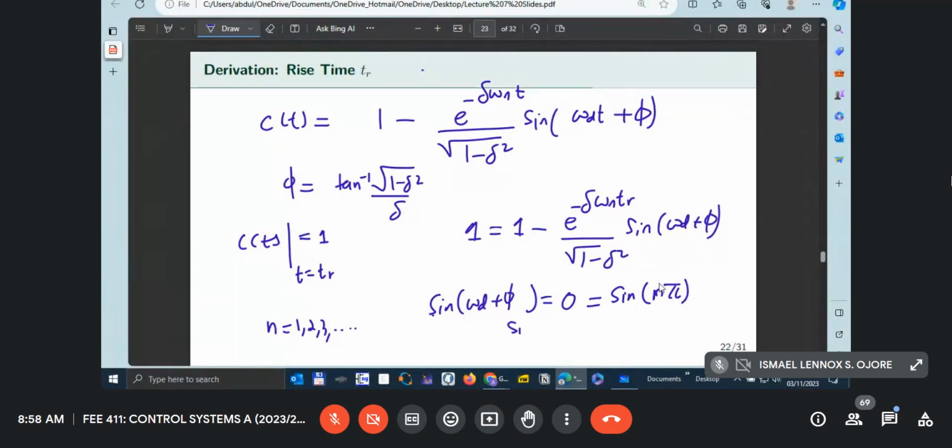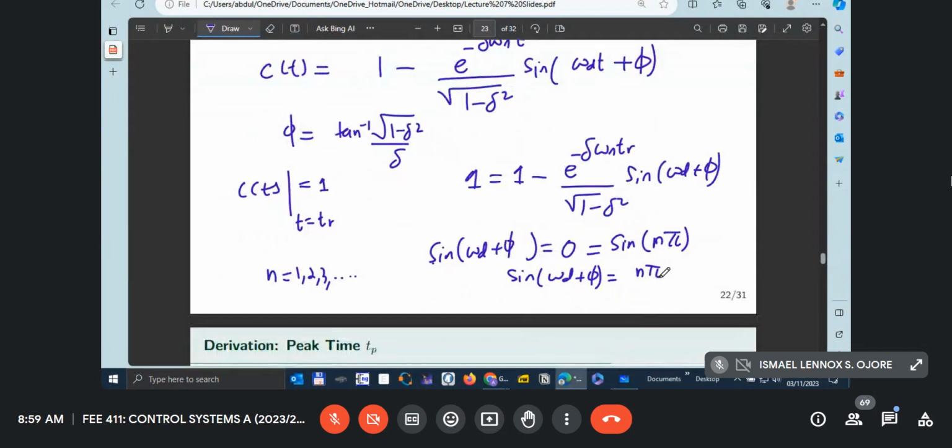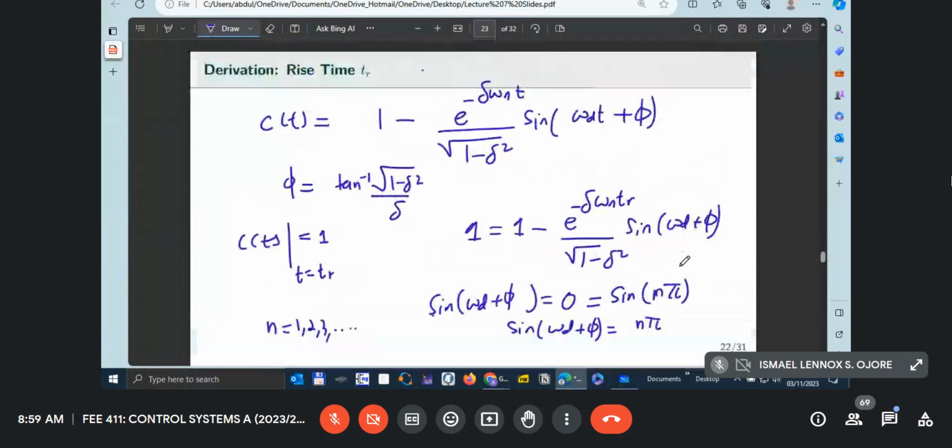So now we have sine(omega_d t plus theta) equal to sine(n pi). Is that okay, guys?